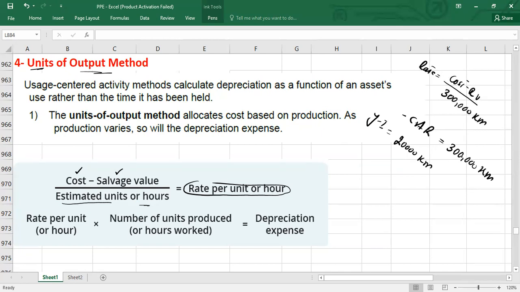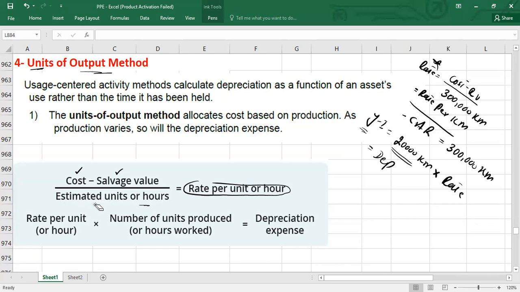This will give me the rate per kilometer. Once you have the rate, in year one the car is used for 20,000 kilometers, so I will take this 20,000 and multiply it by the rate we calculated above, and automatically you will get the depreciation. This is the idea we are going to use here.